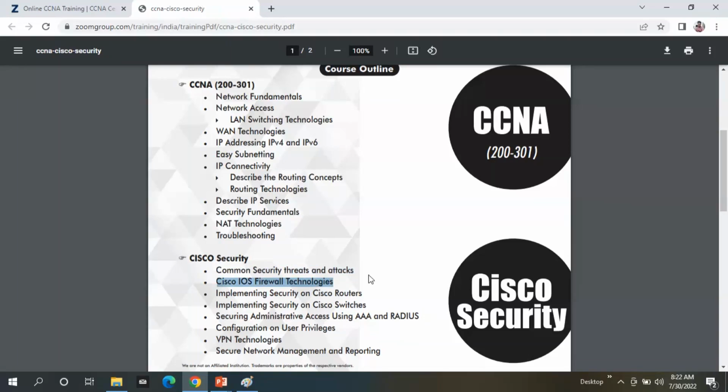Not a physical device firewall. IOS firewall means Cisco IOS can act like a firewall, where we can implement ACLs, access control lists. And how to implement security on Cisco routers and Cisco switches by setting up passwords, enhancing our security features, and securing administrative access using AAA and RADIUS servers.